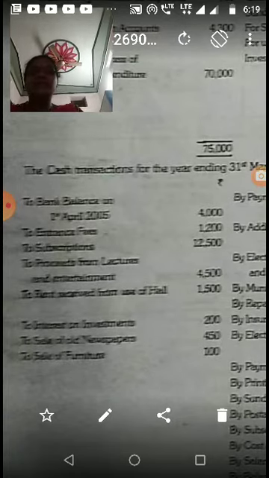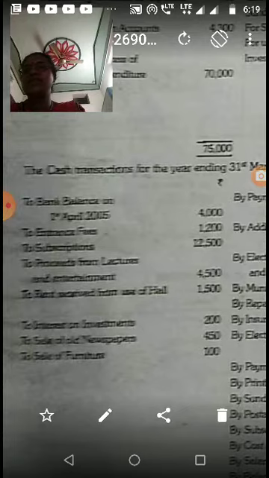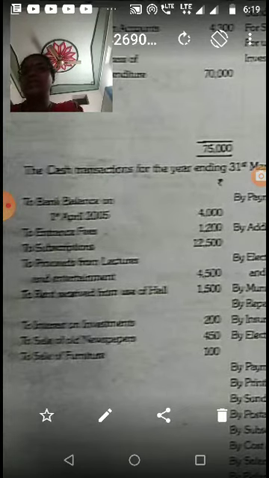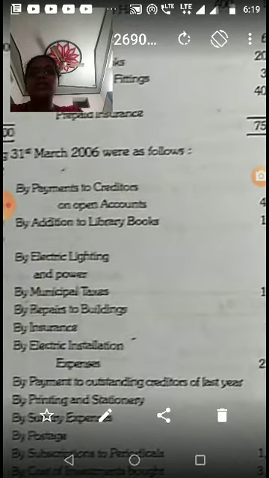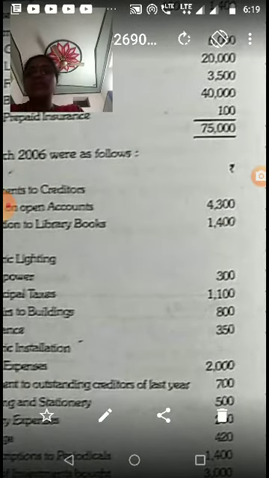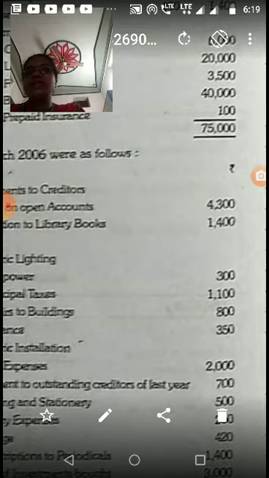Now next, cash transactions, that is the credit side. Payments to creditors on open accounts 4,300, by additions to library books, that is 1,400.